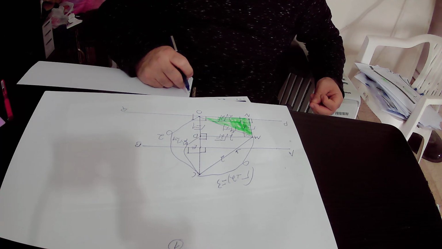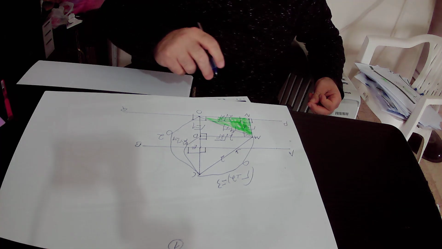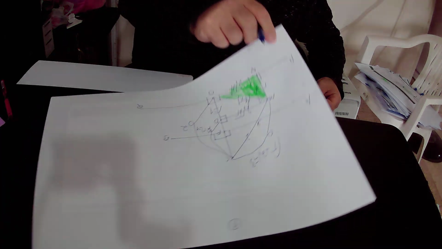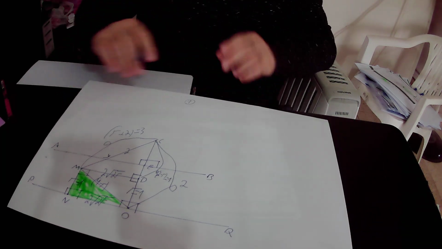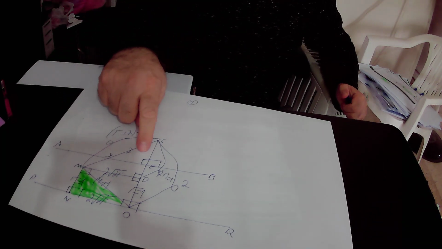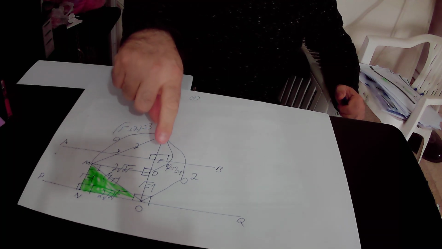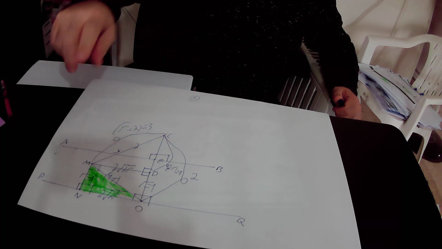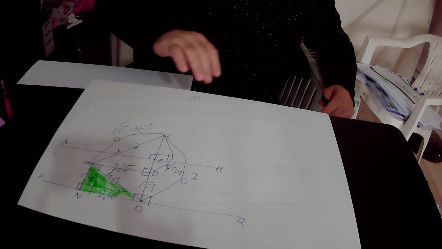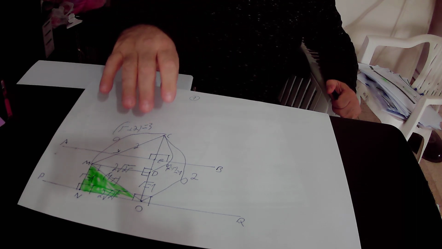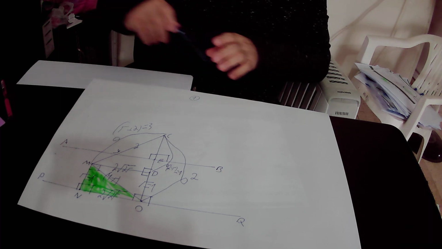Okay, so in the next step, we'll focus on the right triangle, triangle CEY, and on the right triangle, triangle CDM, and we will prove that those two right triangles are similar to each other.